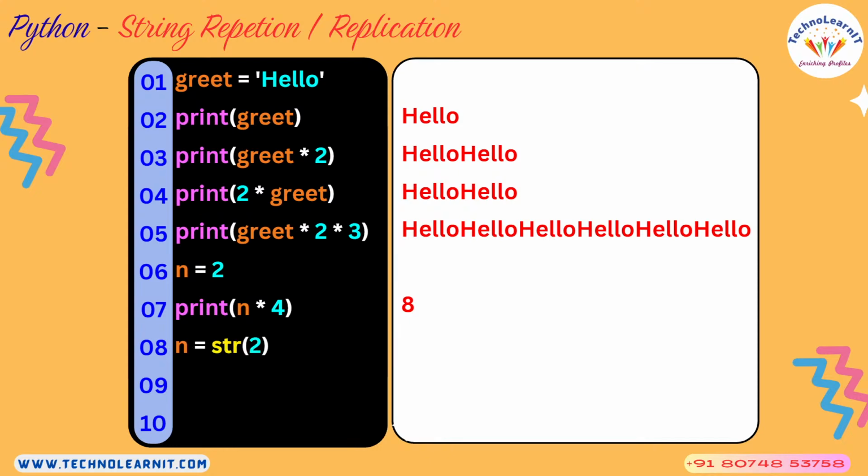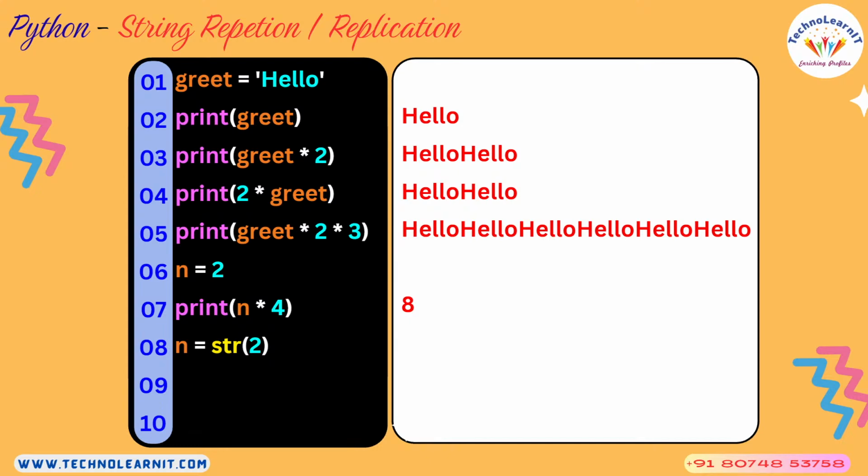What if I have to repeat the string 2 multiple times? Then what you need to do is you need to typecast the integer 2 into a string type by the statement n equal to str of 2. Here 2 is in fact an integer type, and you are converting that integer type into string type.